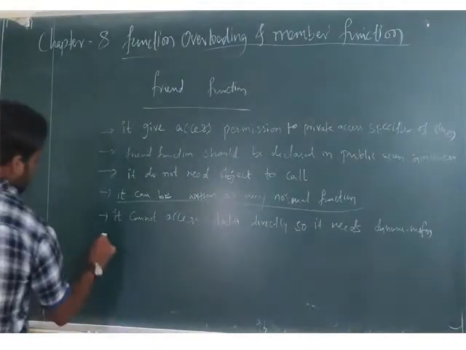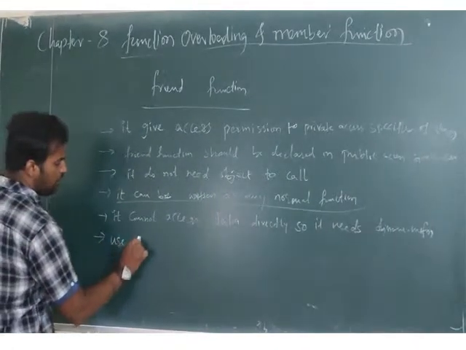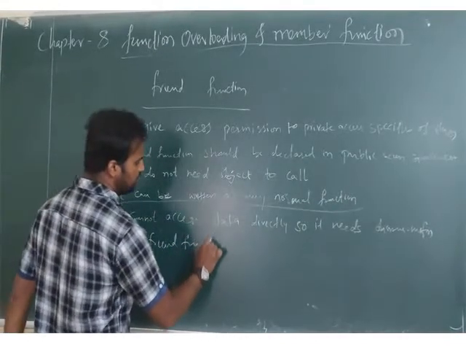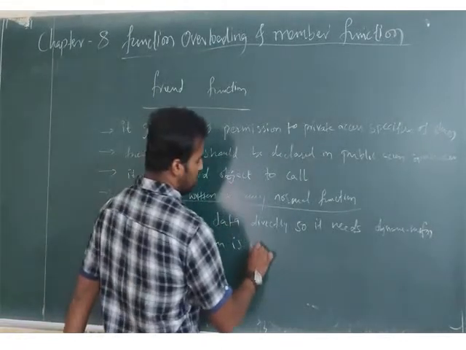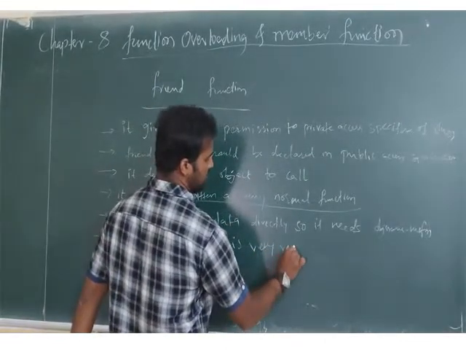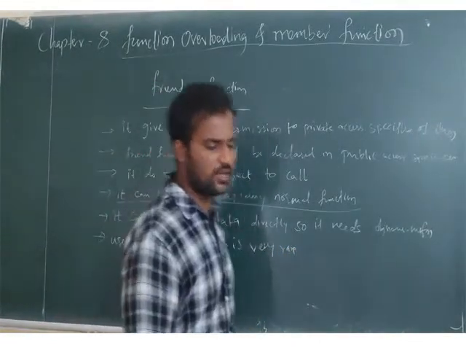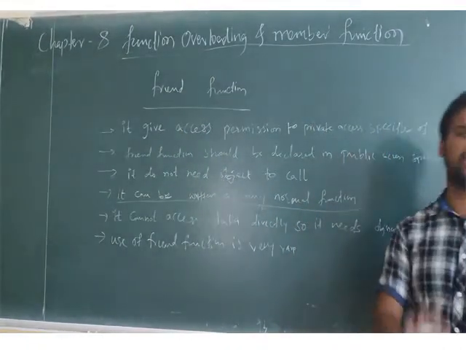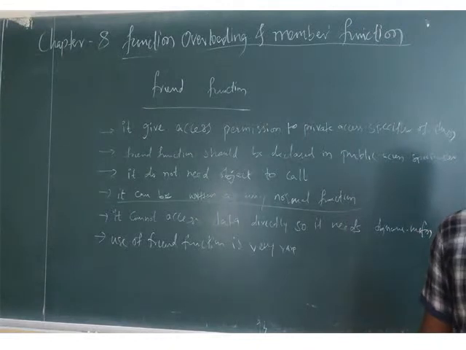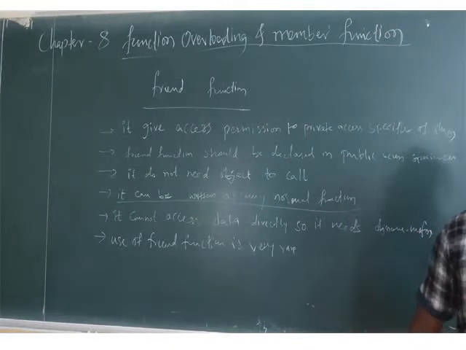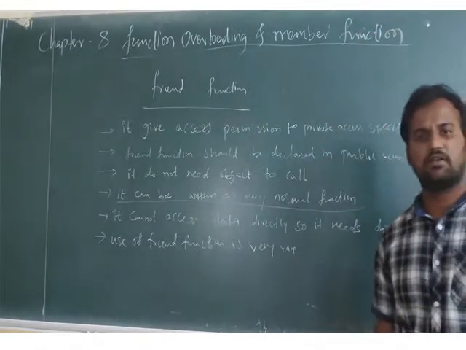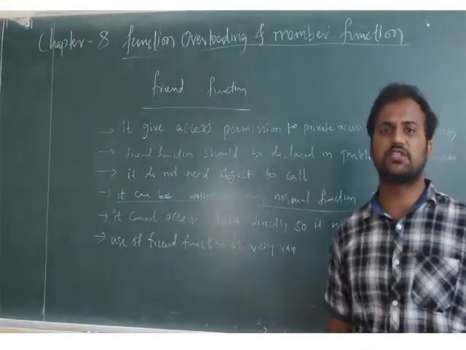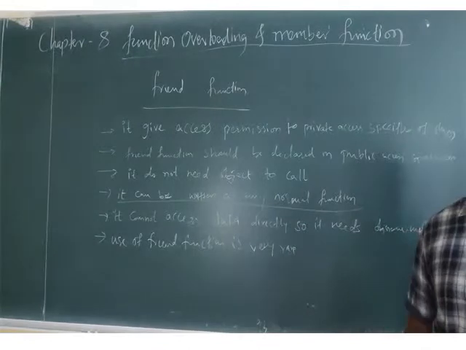And one more thing is the use of friend function. Use of friend function is very rare. Rare means commonly, daily, while writing programs you will not use it. Just somehow by mistake we have written a function in private and we cannot use it somewhere or we cannot execute that.